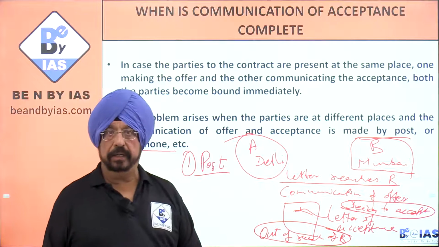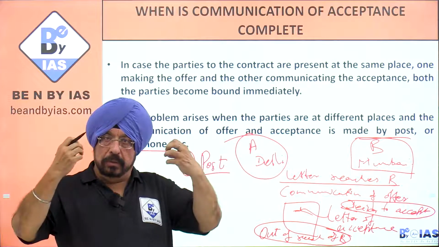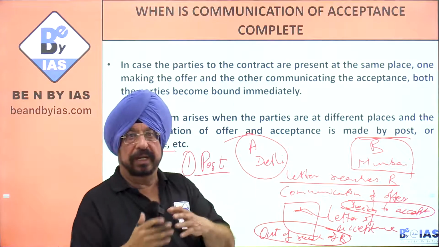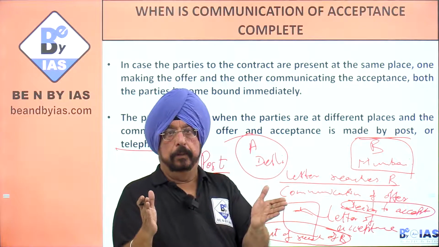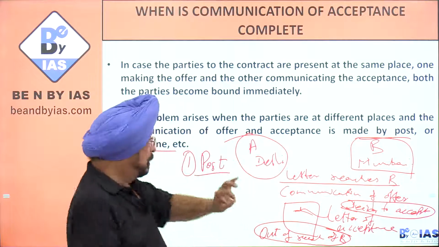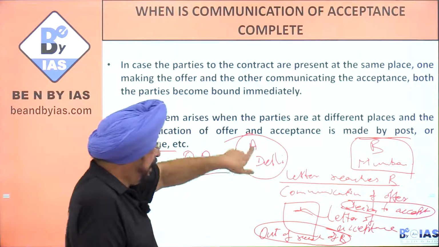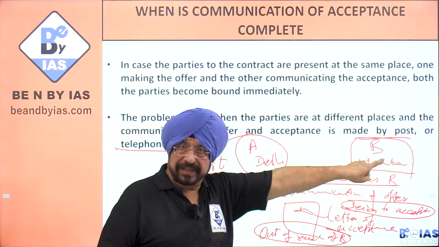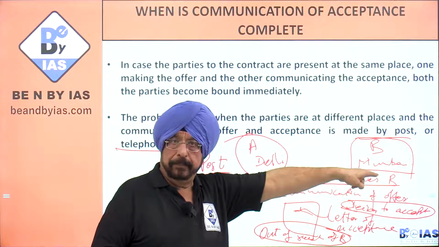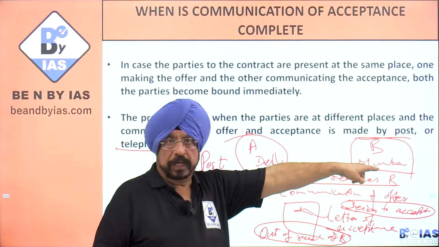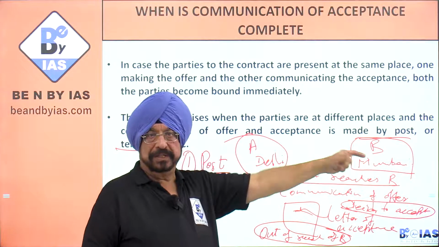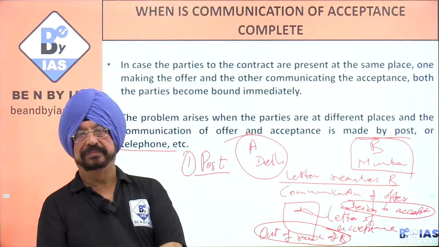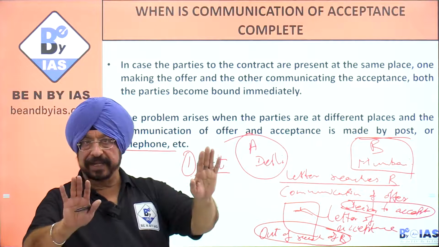Yes, I admit that. But I will tell you the formula to learn it in an easy manner. Put this question to yourself: can A withdraw his offer now once B has accepted it? No. As per law, no. So A becomes bound. Right?